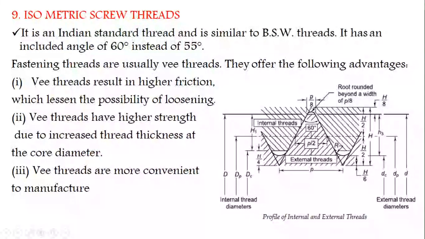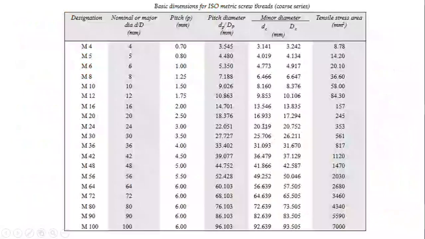Next, a screw thread of coarse series is designated by the letter M followed by the value of nominal diameter in millimeters. For example, M12, M6, like that. This is the coarse series designated by the letter followed by the nominal diameter: M4, M5, M6, M10 like that.